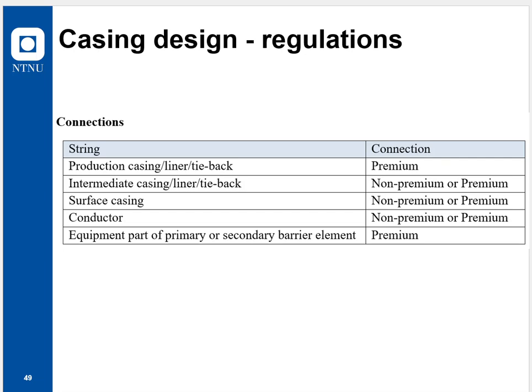What we're looking at here would be connections. What we call premium connections would be gas tight. Non-premium would be not gas tested. There are different levels of testing equipment.